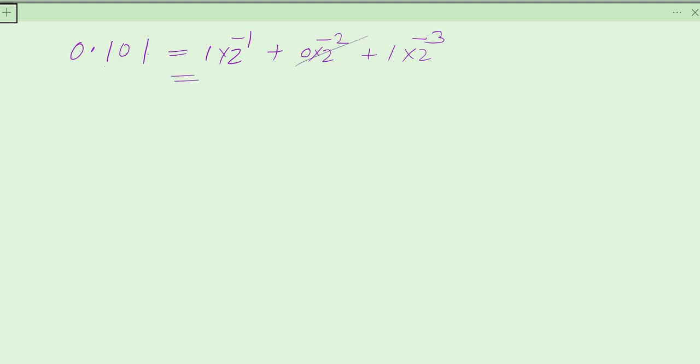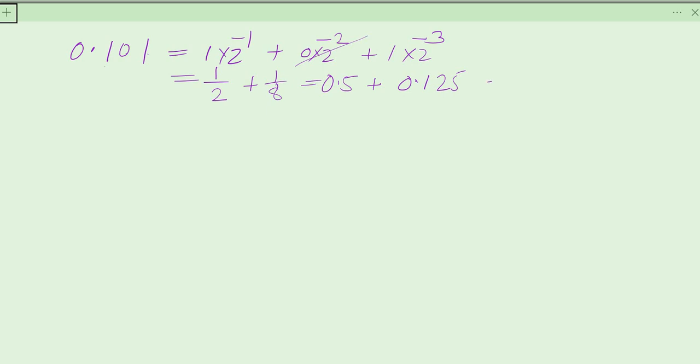So let's cancel the 0 term. So 1 by 2 plus 1 by 8. 1 by 2 is 0.5. 1 divided by 8 is 0.125.